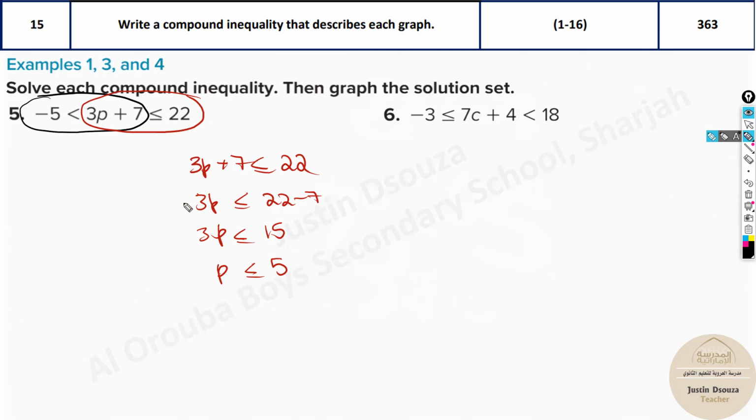The other part is minus 5 less than 3p plus 7. Here you always write and. Whenever you have a compound inequality like this, it's not or. Both are the solutions, right? So you need to solve them. So let's solve them. Because, I told you, we can write 2 less than f is greater than 2 less than 5.